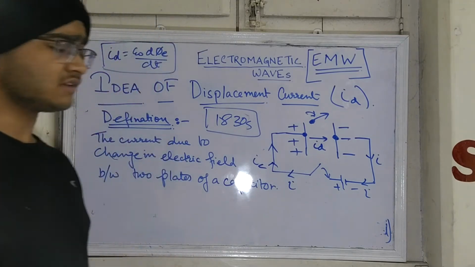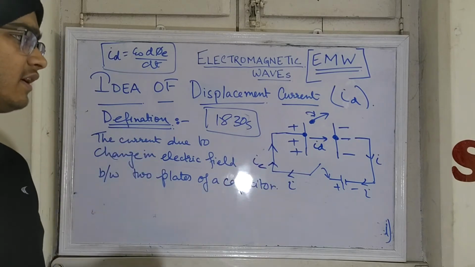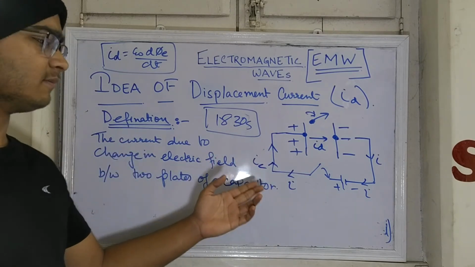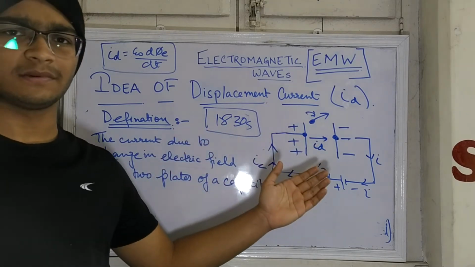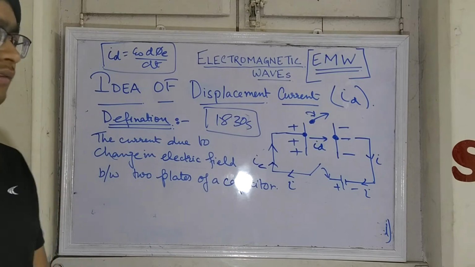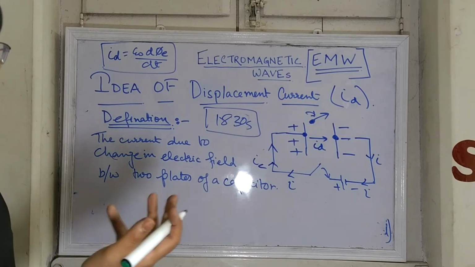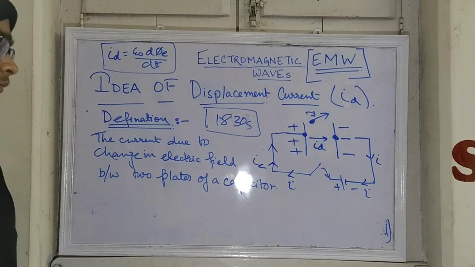So there was a scientist called Maxwell who said that ID, or the displacement current, which is different from the conductor current, is flowing between these two plates, for which there is continuity in the circuit. So the idea of displacement current was able to solve the continuity of current between the two parallel plates of a capacitor.